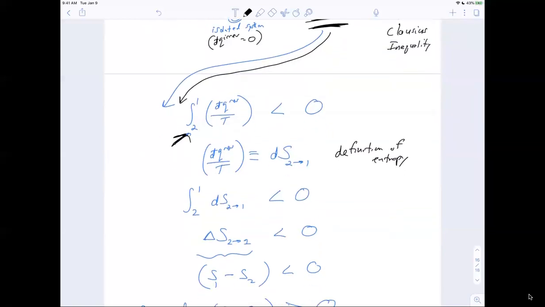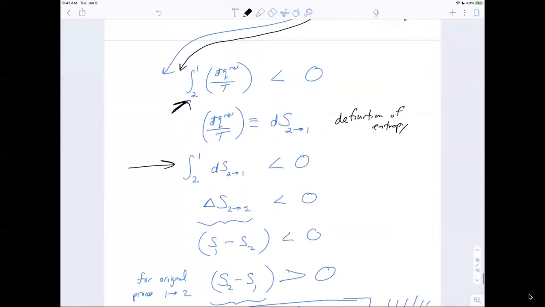And so now what we have is this expression, the integral from state 2 to 1 of dS, and that dS corresponds to a process where we're going from 2 to 1, that's less than 0. But we know that the integral is just this, right? We know this is just delta S. That's how we define the integrals and deltas of state functions.